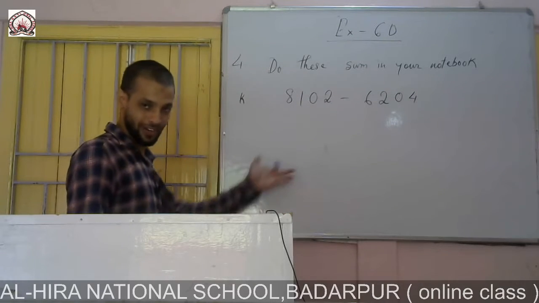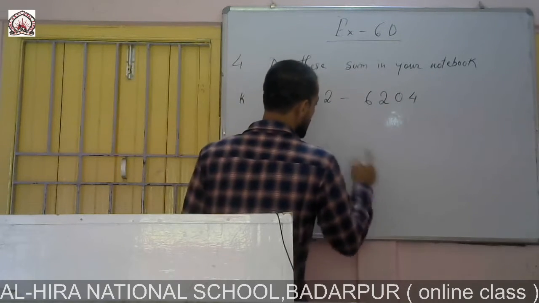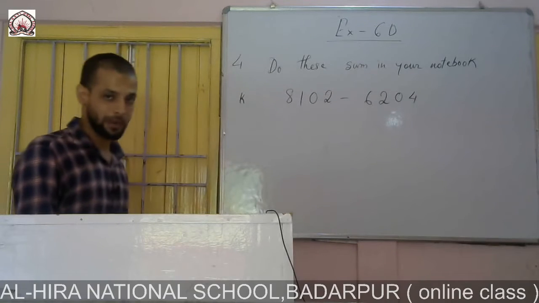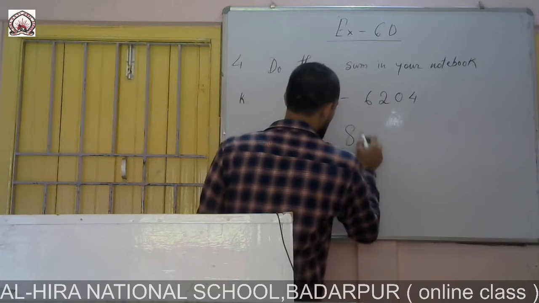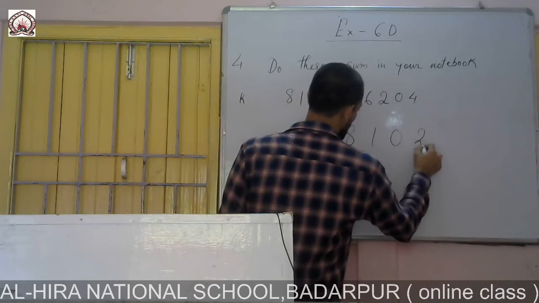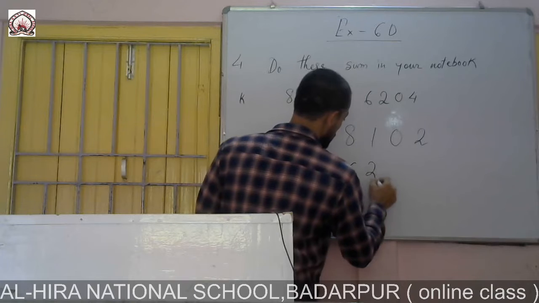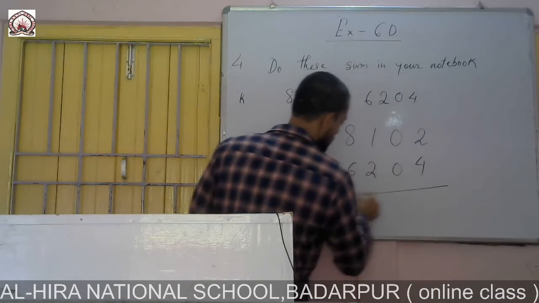At first we have to arrange this. As you can see, both numbers are 4-digit numbers, so there is no problem to arrange this. 8102, 6204.